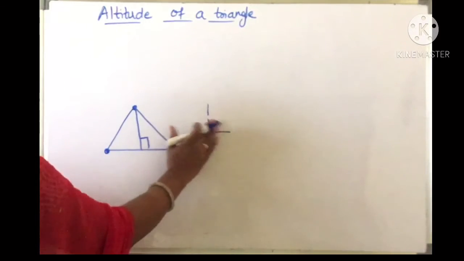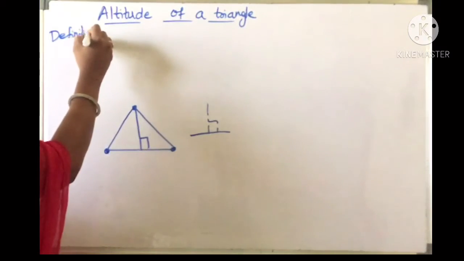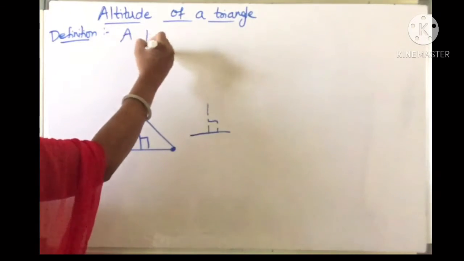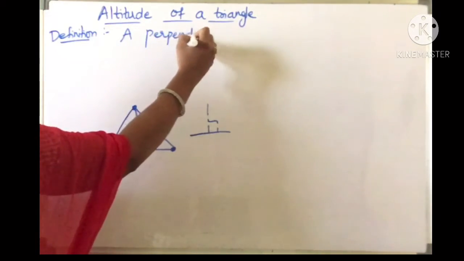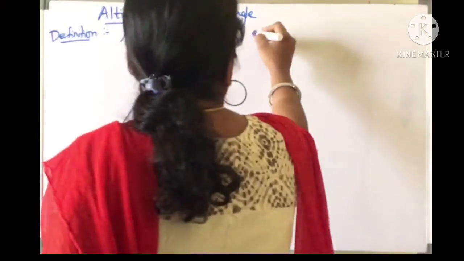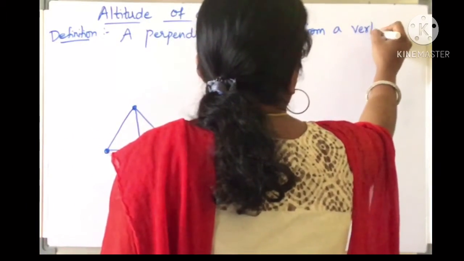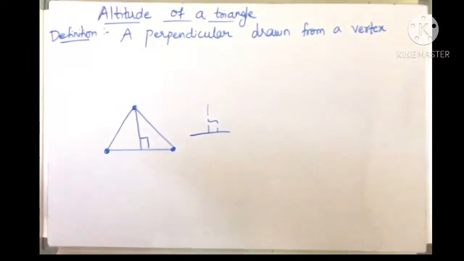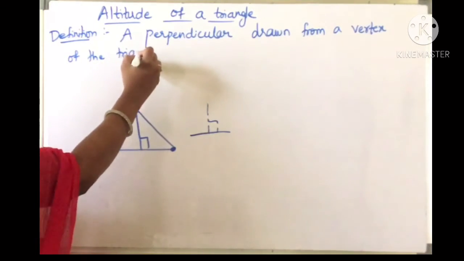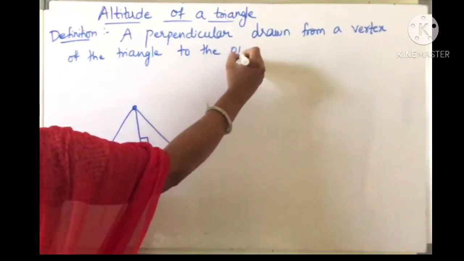So now we write the definition here. Definition: a perpendicular drawn from a vertex of the triangle to the opposite side.